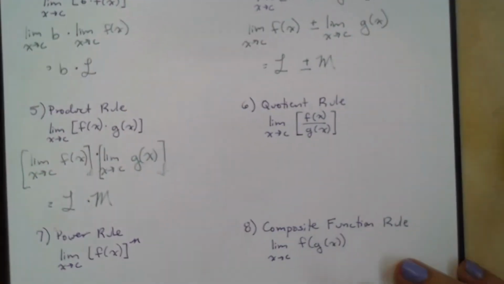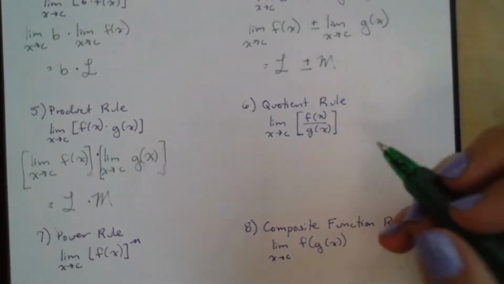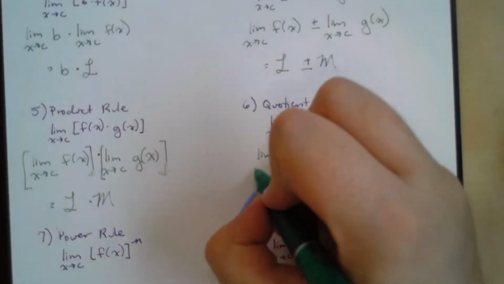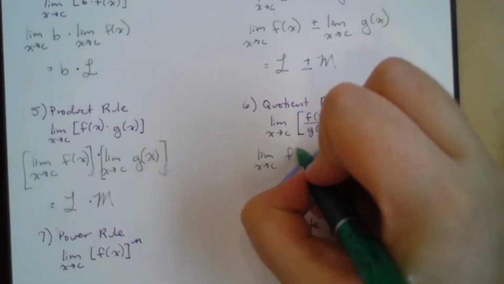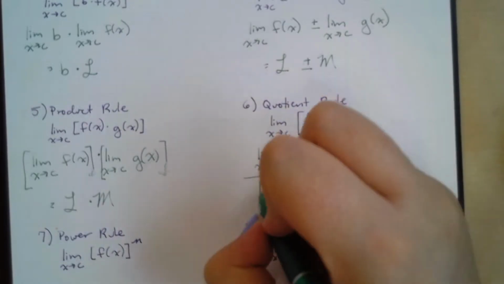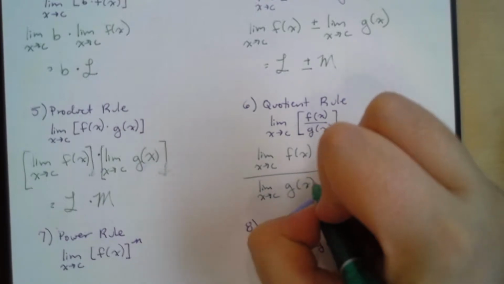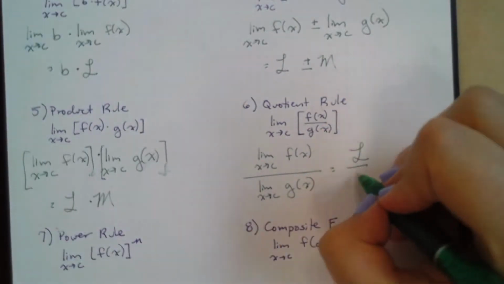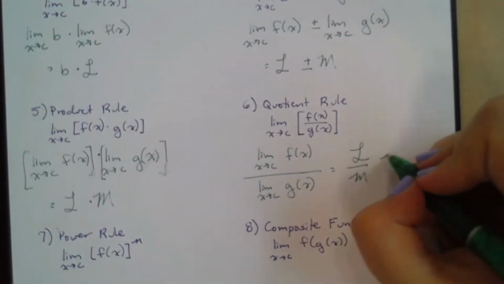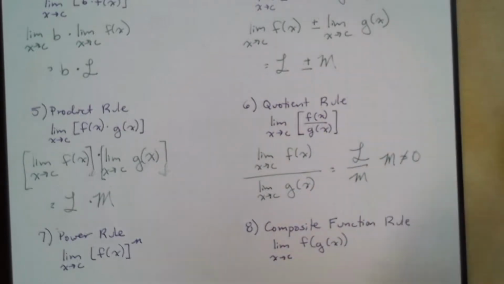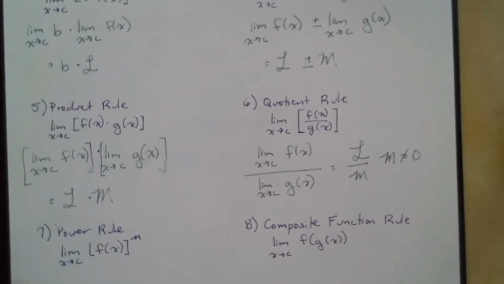Our quotient rule, same situation: the limit of f of x divided by the limit of g of x, which is just going to be L over M. But of course, in this case, M cannot equal 0. Got to make sure that we keep that in there.